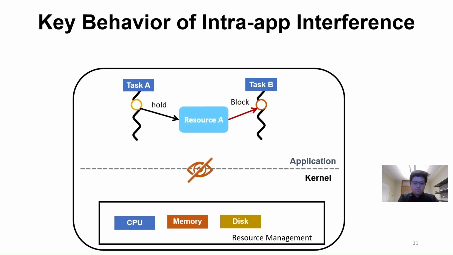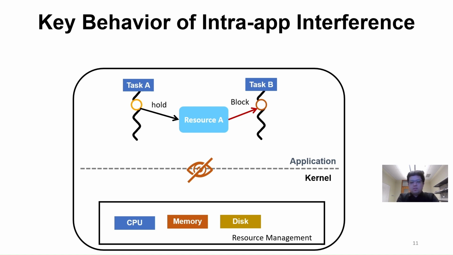Most intra-application interference is caused by contention among application resources, which are invisible to traditional system resource management. This inherent invisibility makes it difficult for system resource management to detect and mitigate the interference by simply adjusting hardware resources.